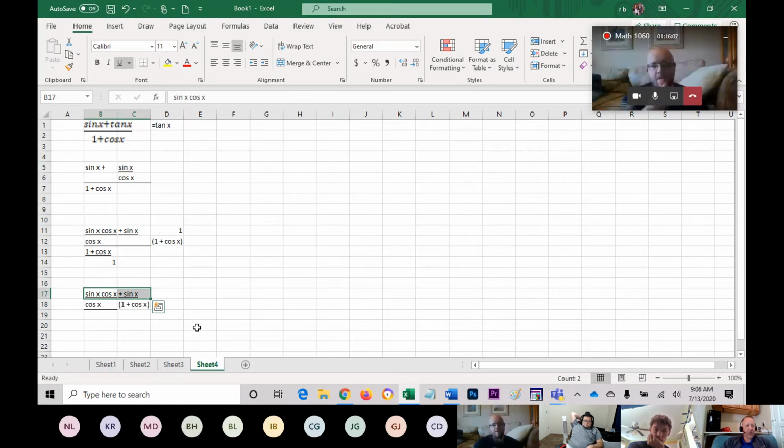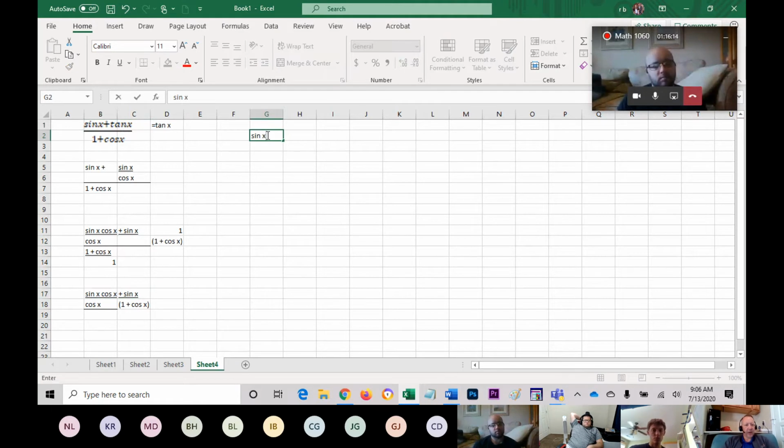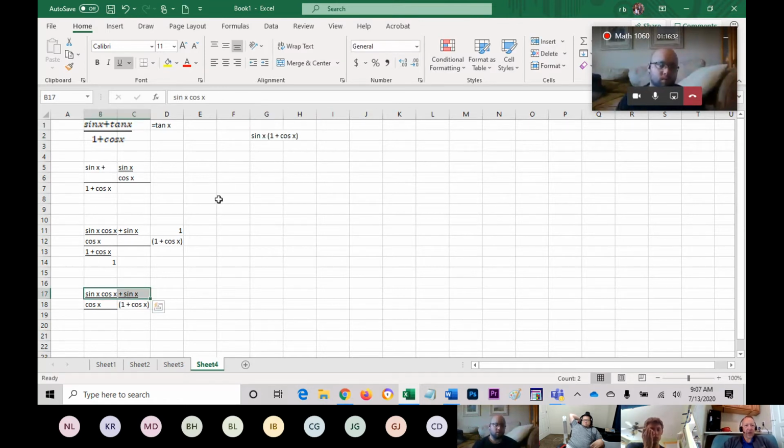Okay. So I'm going to now factor sine of x out of the top. Sine of x out of the top. I'm left with 1 plus the cosine of x. Okay. So I've rewritten this as this.